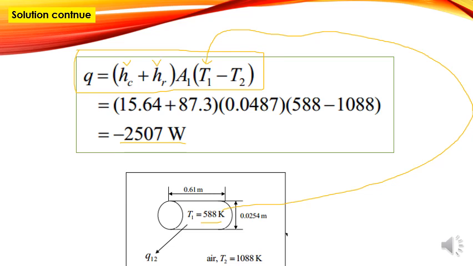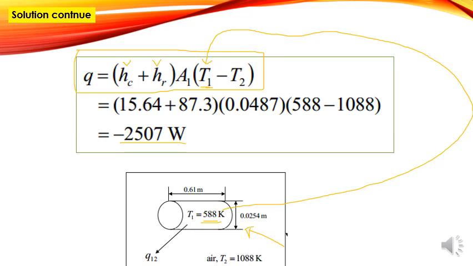This is because our reference point, the metal tube, has a lower temperature compared to the surrounding. And as I mentioned in a previous lesson, when Q is negative, that means the object receives the heat. So in this case, the metal tube receives the heat from the surrounding, due to convection and radiation.